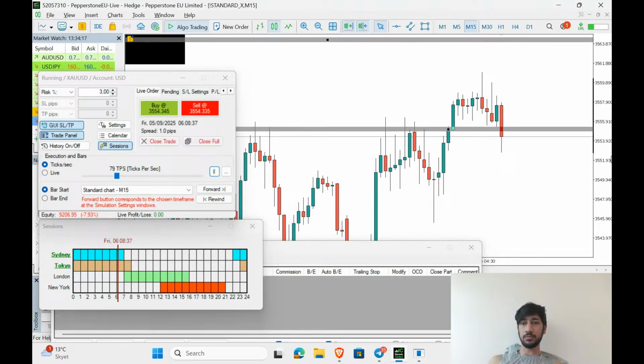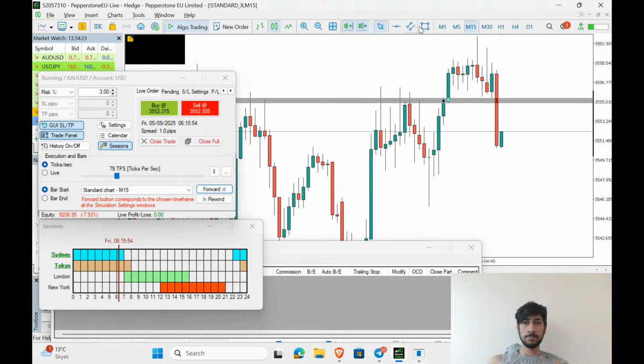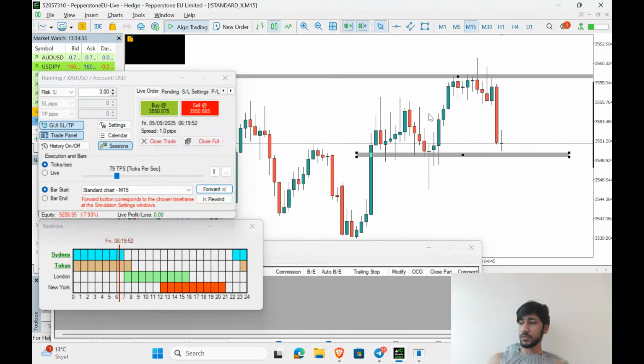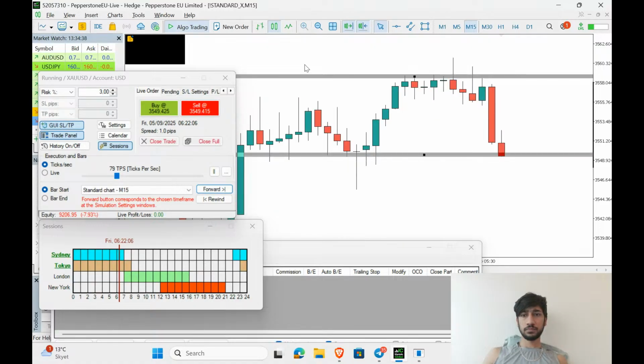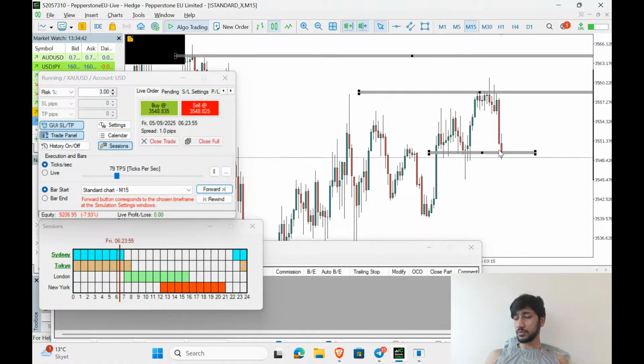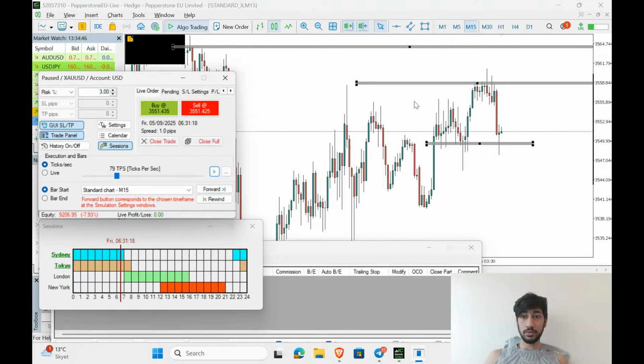But it moved down, brother. So this should be the range for us now. This and this. From support in this range.